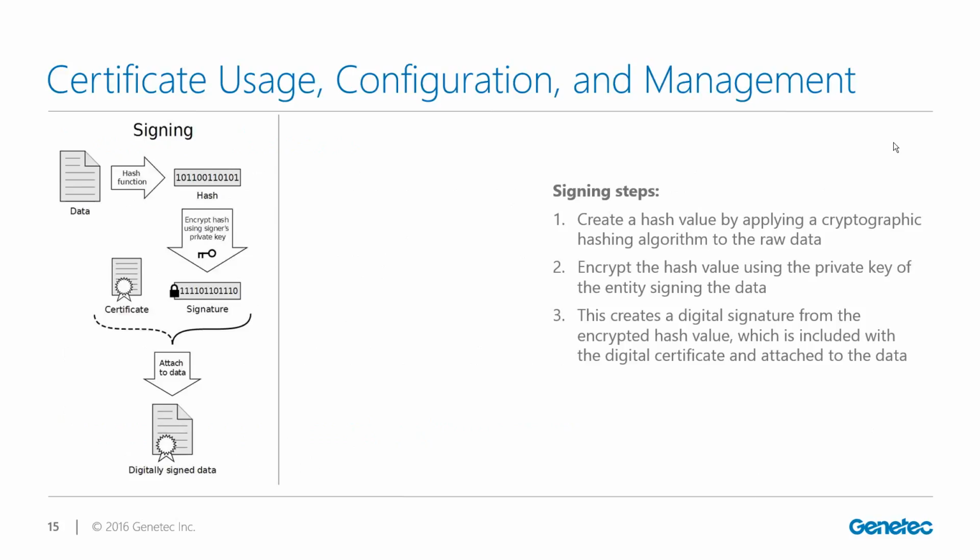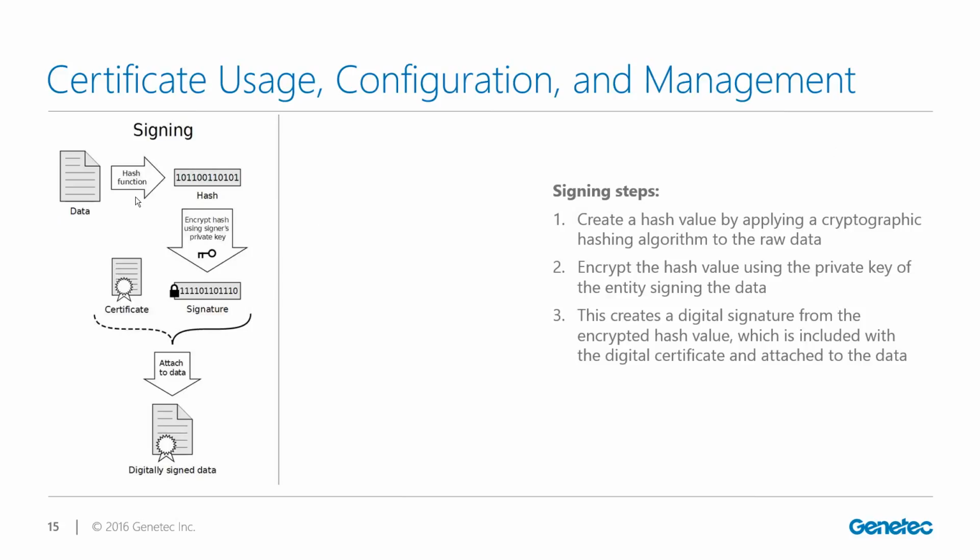So I want to take a quick look. This is a diagram we pulled from Wikipedia on the steps it goes through when you're actually applying a certificate to data. So first we're going to go through the signing steps, and this is what happens at the source. We have our original data right here, and then we apply a hash function, as we call it here, a cryptographic hashing algorithm.